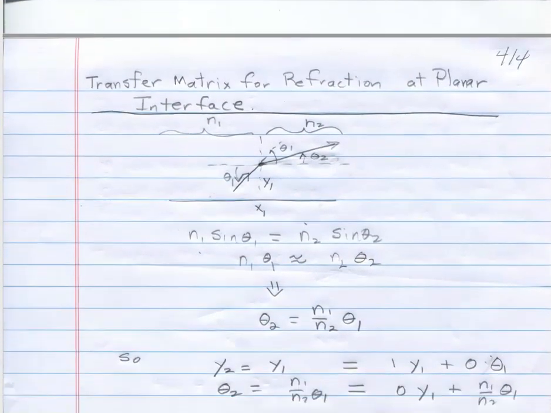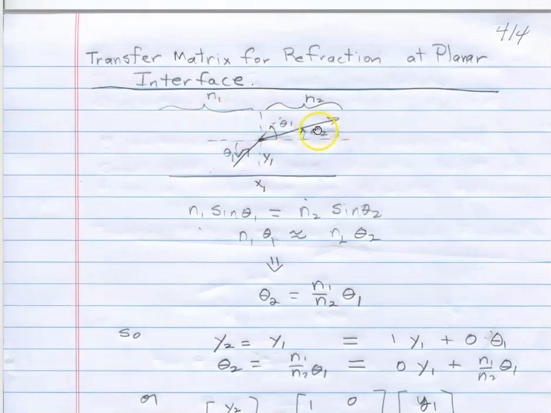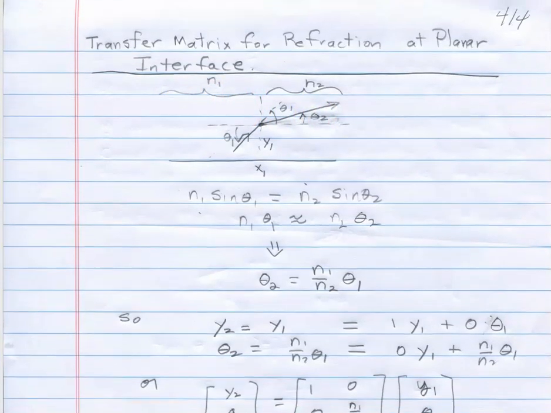Another simple case is refraction at a planar interface. Let's take a look at a point x1 that's right on the planar boundary between a material that has index of refraction n1 on this side and on the other side index of refraction n2 over here.